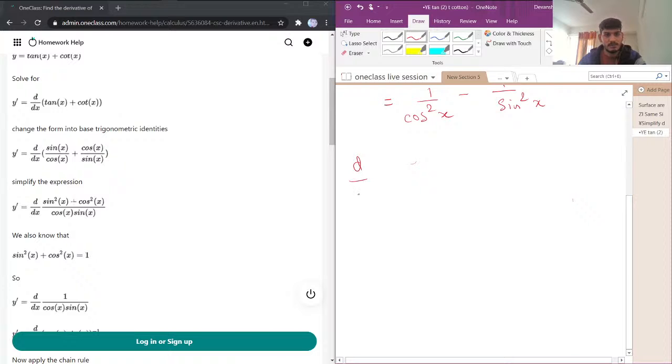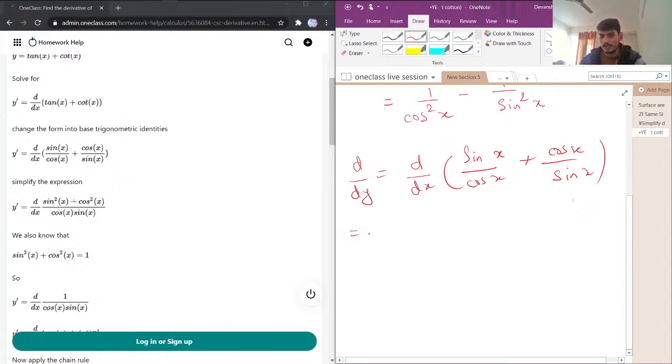So dy by dx is the derivative of sine x over cosine x plus cosine x over sine x. I will just use the quotient rule.